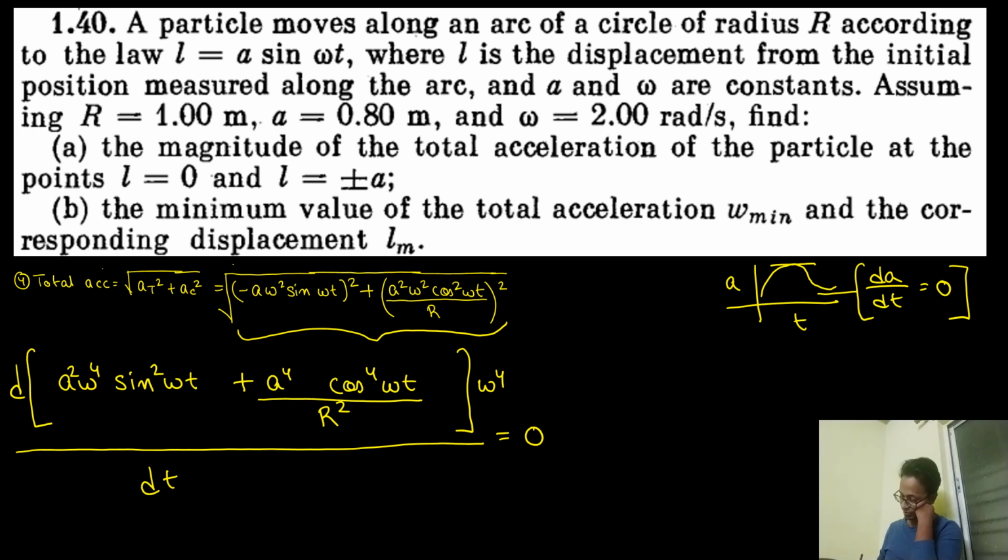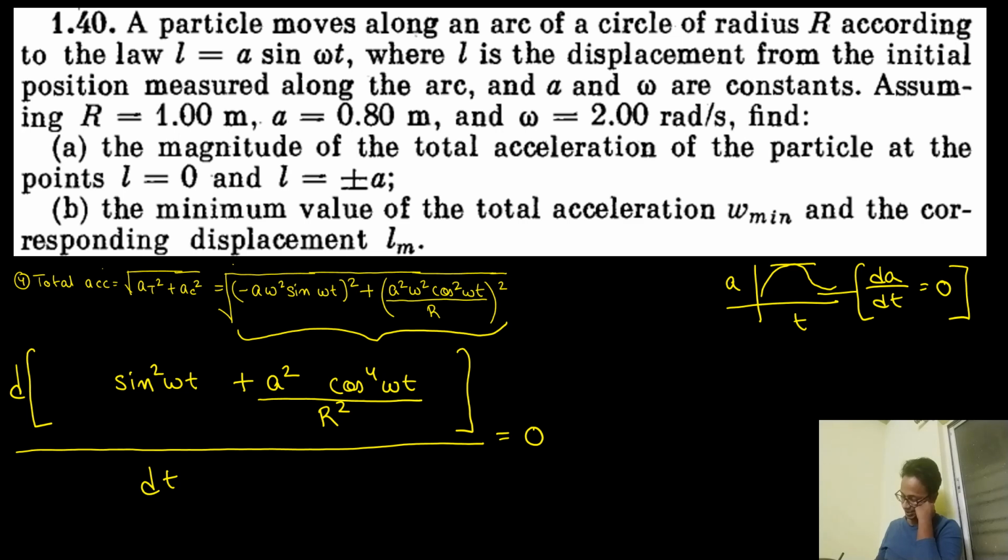I've omitted omega to the power 4 out here, and omega to the power 4 out here. I can take a square common. This can be equated with 0. Divide the left hand side and right hand side by the same quantity, and it will be equal to 0.